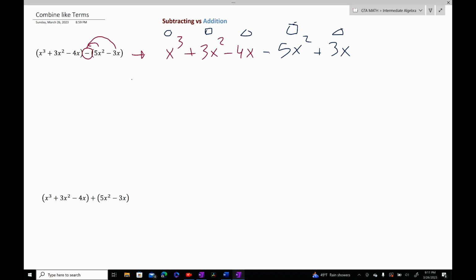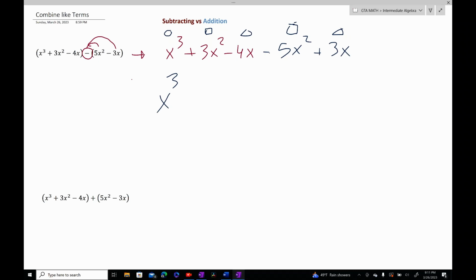So what I'm going to do is add all of our circles together. If we do that, we end up with x cubed, because it's only one circle, so it stays the same. We write it just as it is. And then I'm going to take all our squares and combine them.